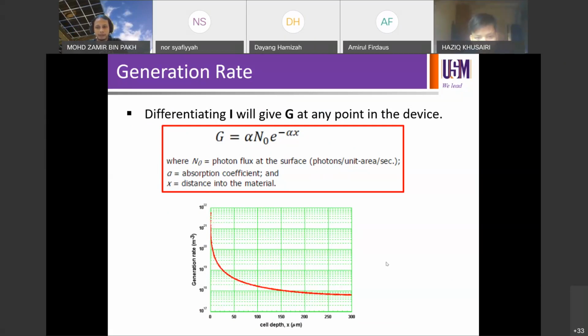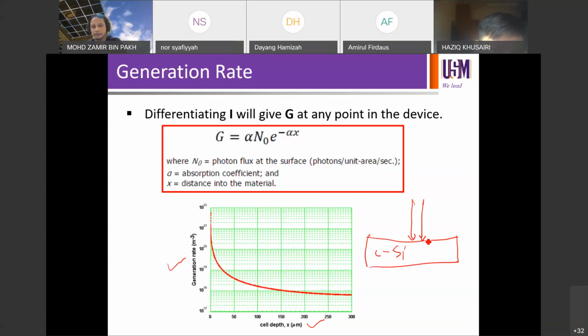So if you plot this equation into a graphical representation, you're going to have a graph like this. Generation rate on the y-axis versus depth on the x-axis. So if you want to draw this as your silicon wafer, for example, that will be the photons incident on the surface at the naught position, here at the surface, but naught means the starting point.